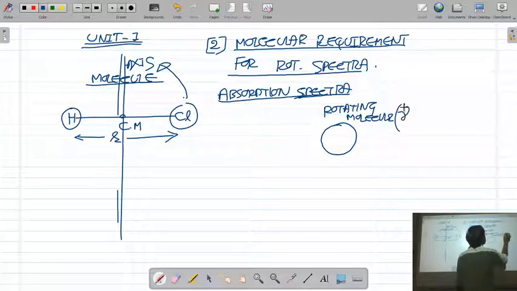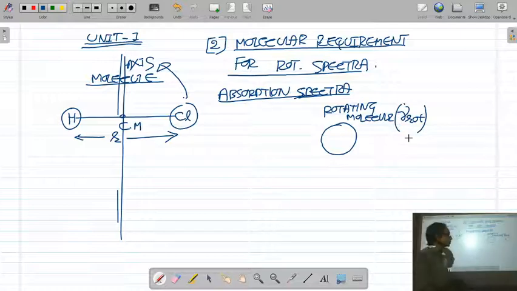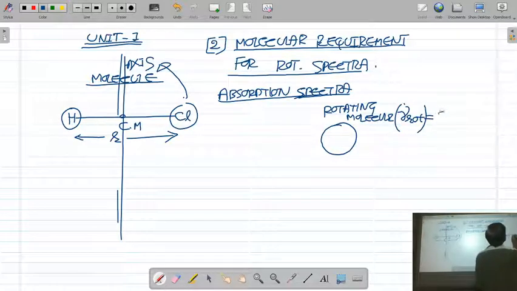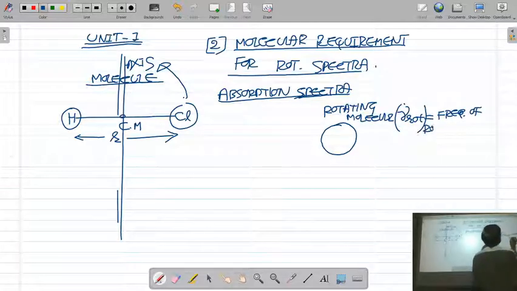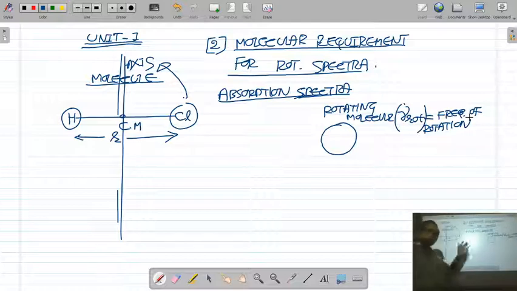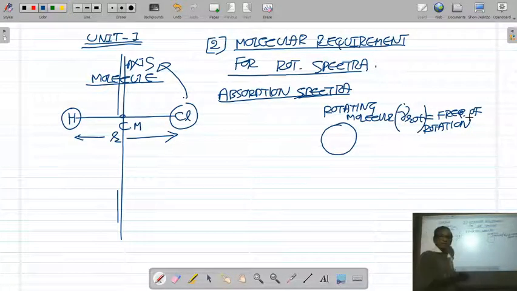The frequency of rotation of the molecule is nu rho. So let us consider a rotating molecule whose frequency of rotation is nu rho.